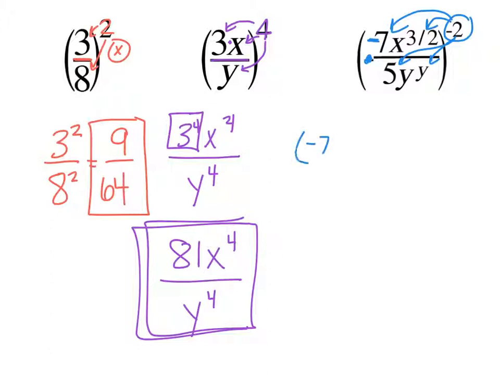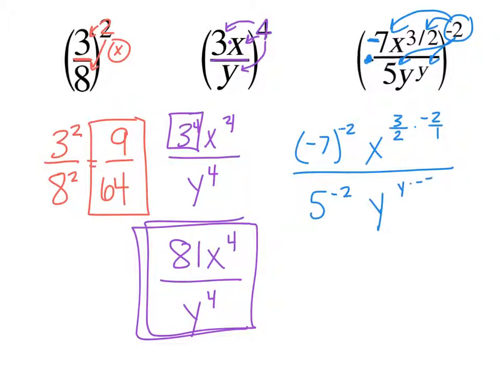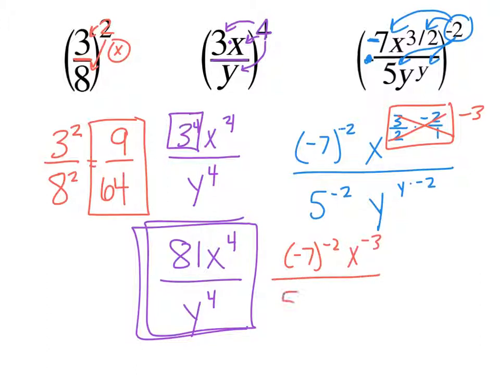So we have negative 7 to the negative 2, then x to the 3/2 times negative 2, over 5 to the negative 2, y to the y times negative 2. When I work with my fractions, this whole thing is really going to become a negative 3. And so we have negative 7 to the negative 2, x to the negative 3, over 5 to the negative 2, y to the negative 2y.